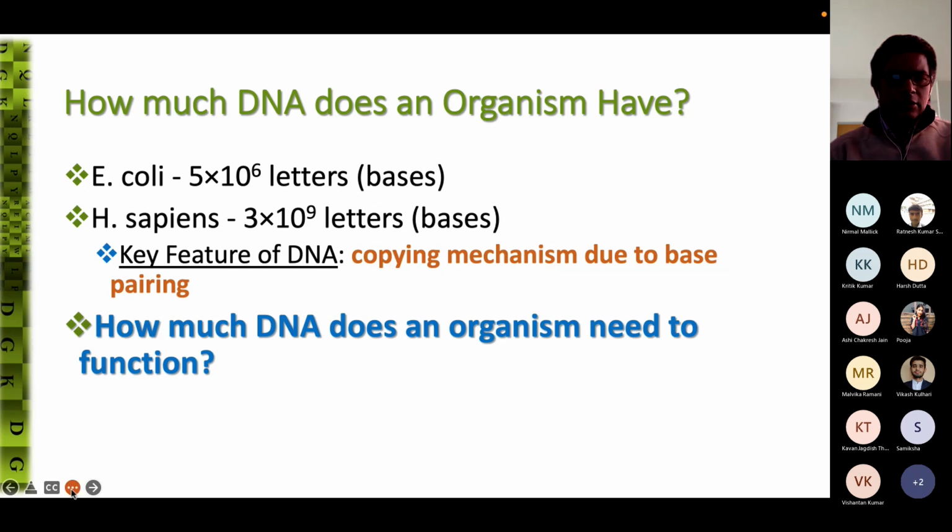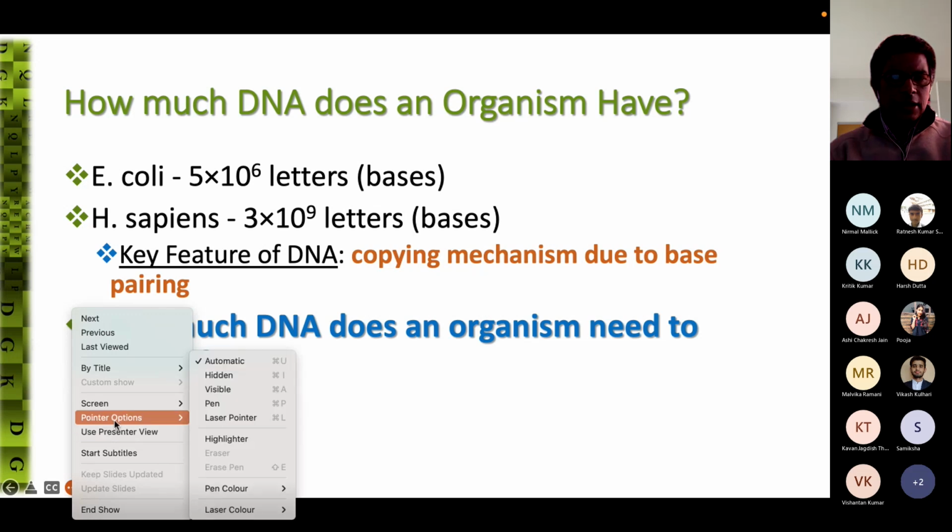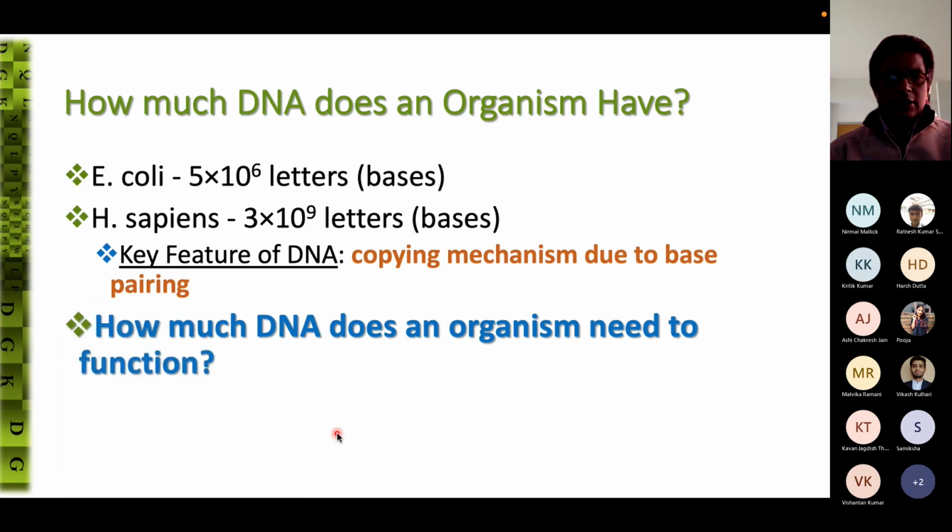Now, let us look at a few facts about what we have as information with us right now. If I were to ask you how much DNA an organism has, you can't really have a general answer to this. You have to go organism by organism. For example, if we talked about E. coli, it has in the range of about 5 million bases.